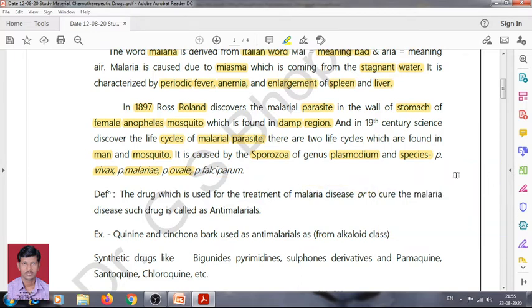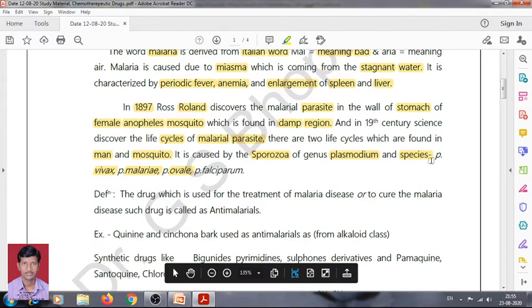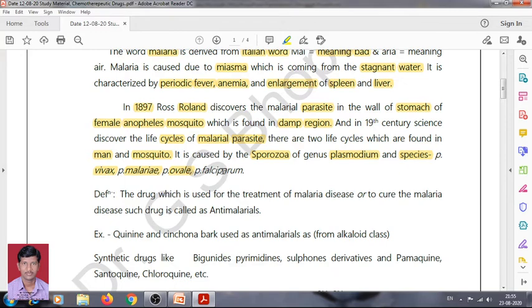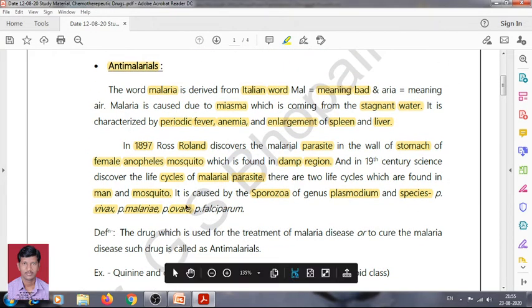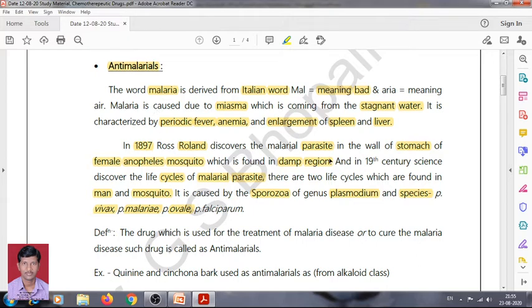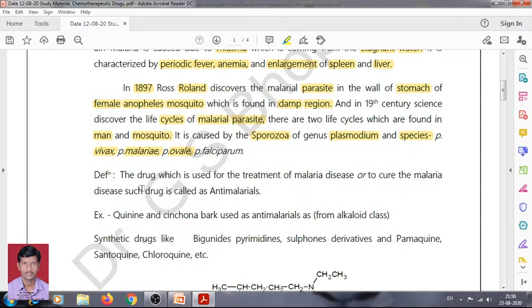This is the complete background or history of malaria, how malaria occurs in the man and mosquito cycles. Now, what is the definition of malaria?